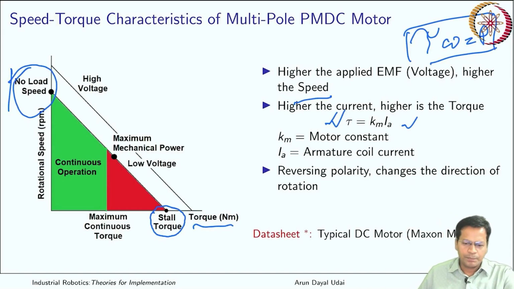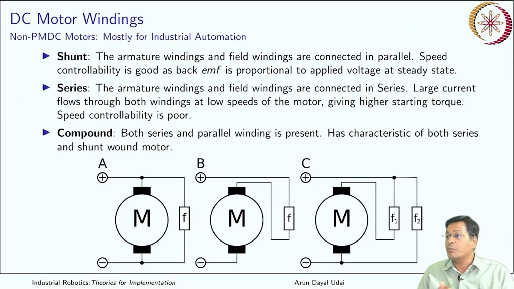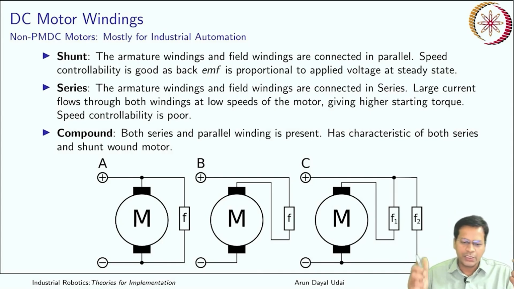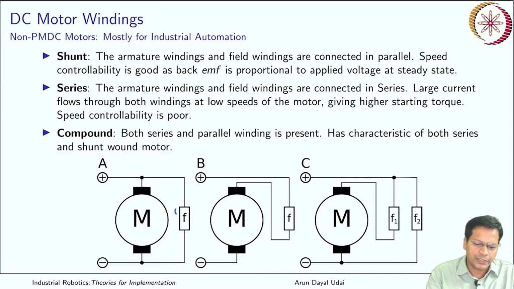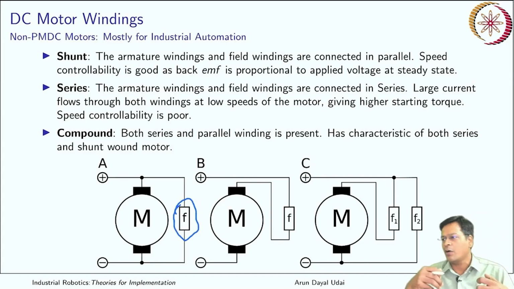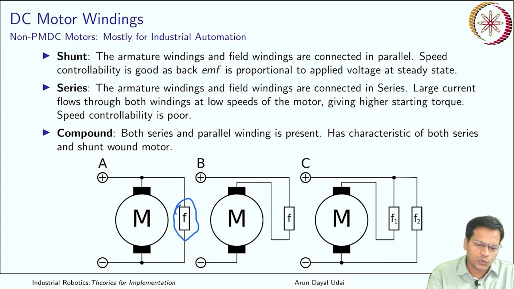So you see, DC motors can be of various kinds. Just now you saw a permanent magnet over there. If that is not a permanent magnet, what is it? It has field coils. So the field coil also will draw electricity from the source, right?